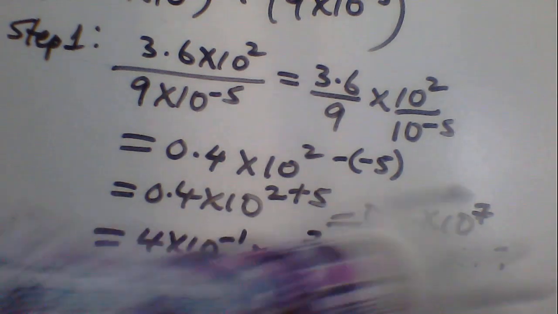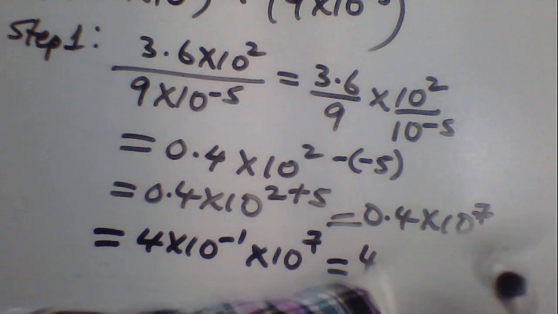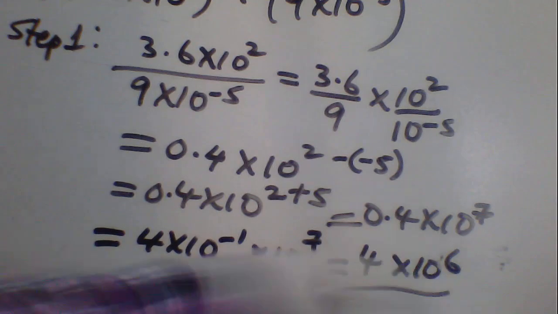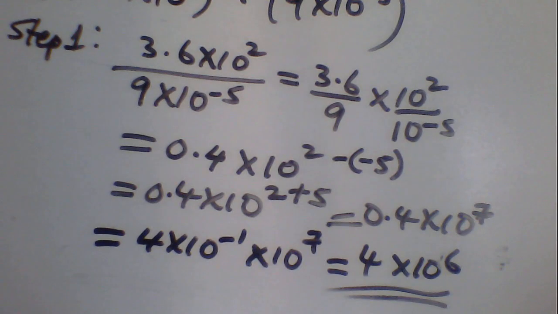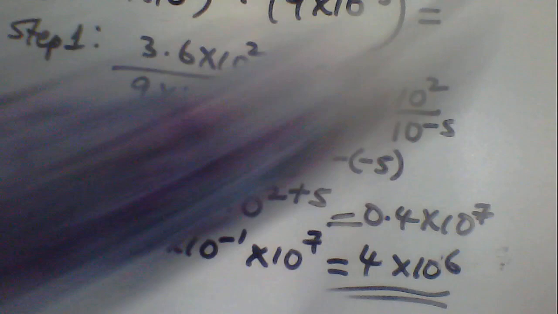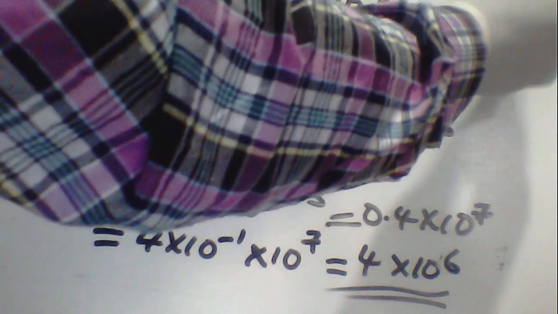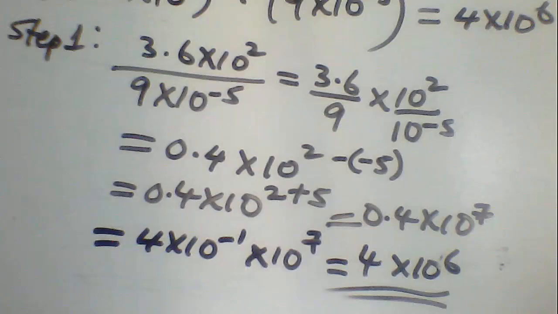So we can remove this and write plus 6, and that is the answer. So we have solved the second one. We can bring it up. That is 4 times 10 raised to power 6.